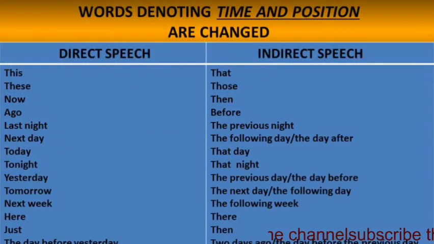Then look at the words denoting time and position. There are some changes to be made in these words. Then this becomes that, these becomes those, now becomes then, ago becomes before, last night becomes the previous night, next day becomes the following day or the day after, today becomes that day, tonight becomes that night, yesterday becomes the previous day or the day before, tomorrow becomes the next day or the following day, next week becomes the following week, here becomes there, just becomes then.